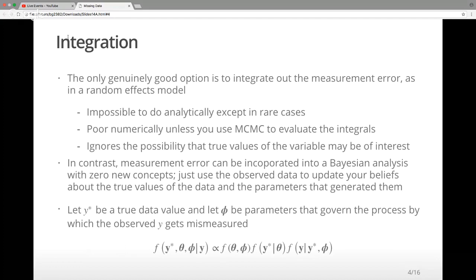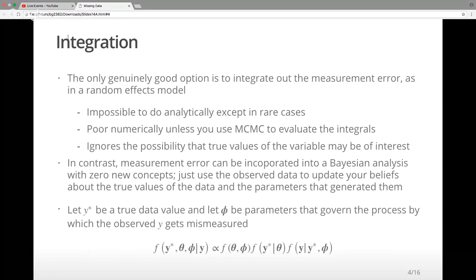Moreover, even if you somehow get one of these things to work, it ignores the possibility that the true values of the variable may be one of the things that you're interested in making inference about, but you can't make inference about stuff that you integrate out of your likelihood function. You can only make inference about things that the new likelihood is a function of, that being the parameters.